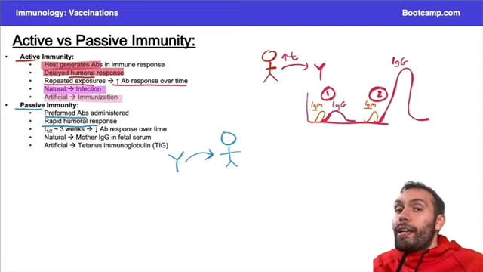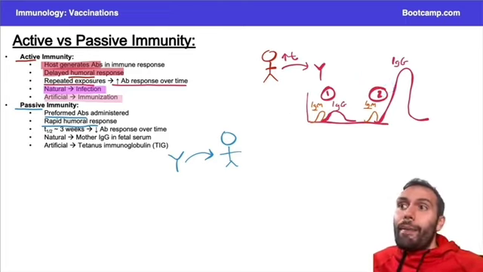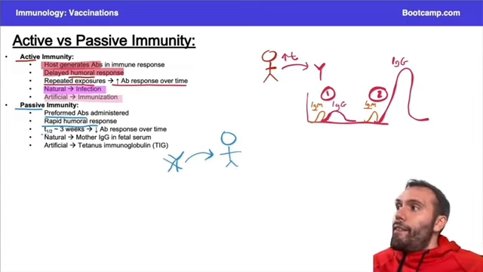Now the downside to this, though, is when we talked about active immunity, we made this huge response over time, right? We have a much larger IgG response on repeated exposures. The difference here is if I just give you antibodies, I'm not letting this host produce antibodies, right? I'm just giving them. Over time, these antibodies will eventually wear down. Every antibody is going to have a half-life, right?